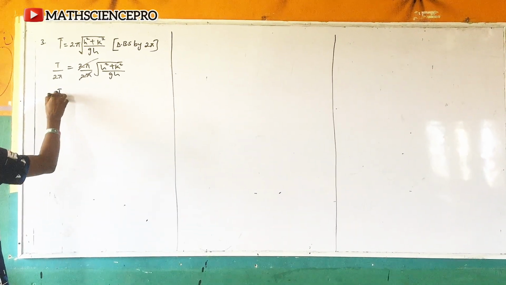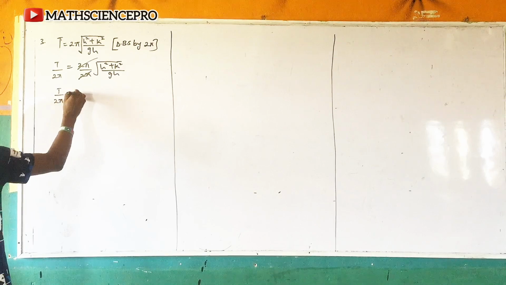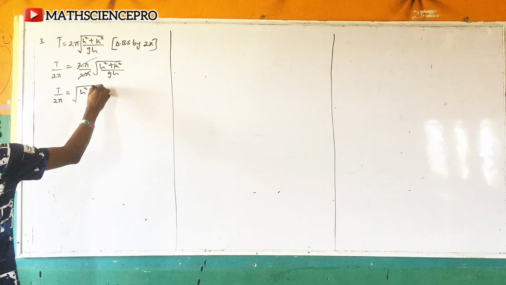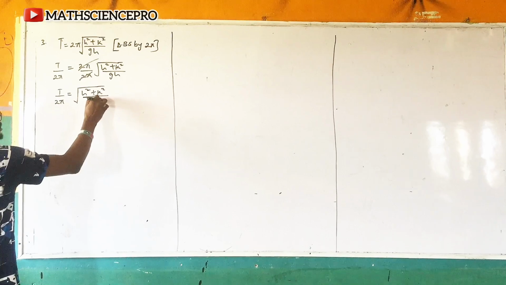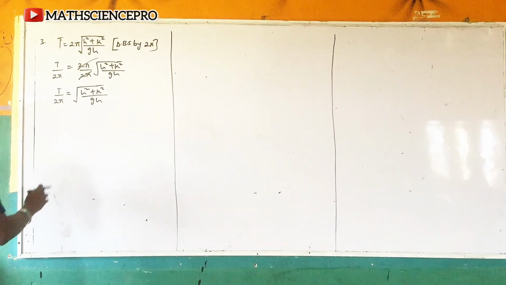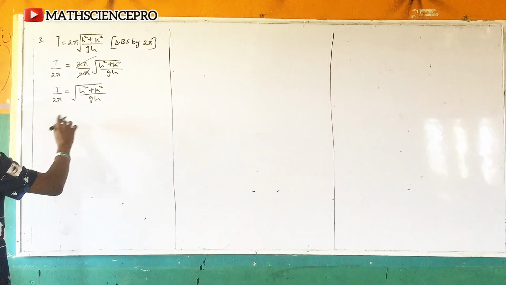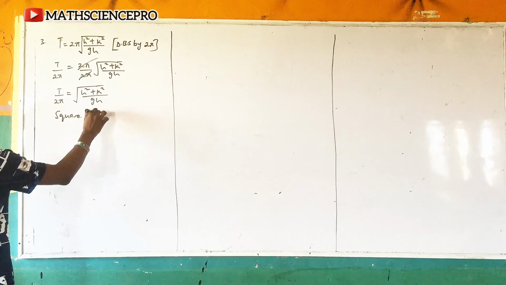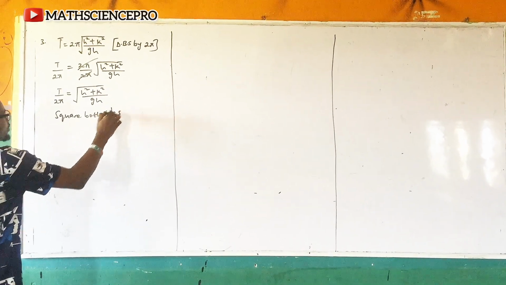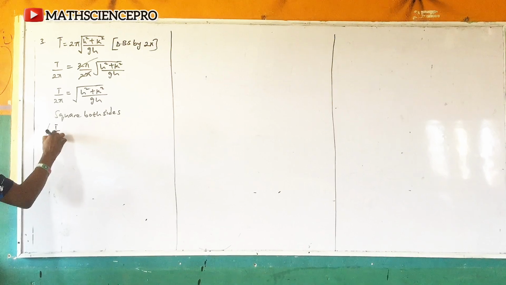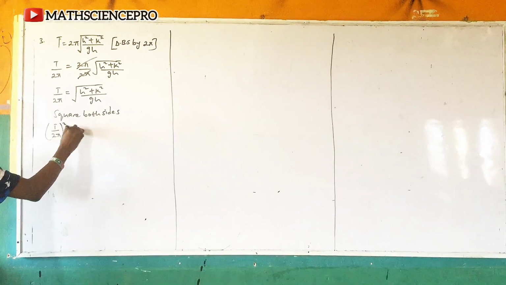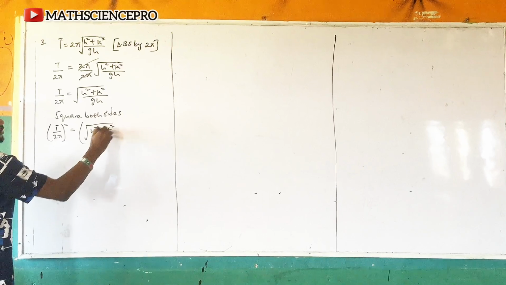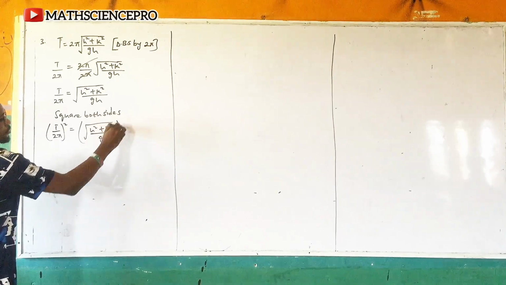Now I have T over 2 pi equal to the square root of h squared plus k squared over gh. At this point I want to eradicate this square root, so I have to square both sides. So when I square both sides, I have T over 2 pi all squared equals h squared plus k squared over gh all squared.